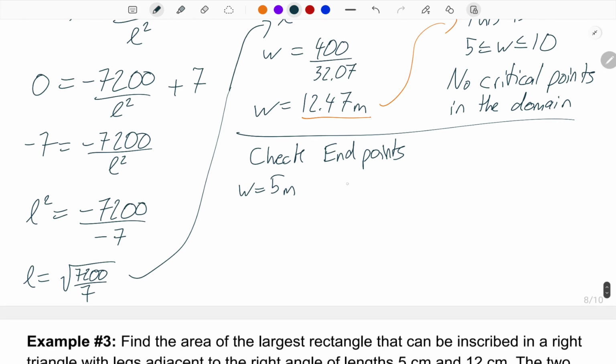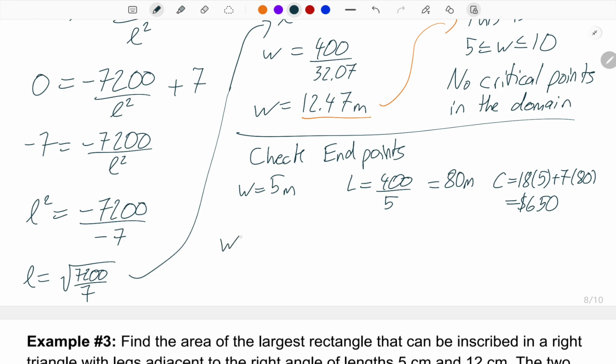That means the length is equal to 400 over 5, which is 80 meters. The cost associated with that is 18 times 5 plus 7 times 80, using our function that we developed before, and that would be $650.